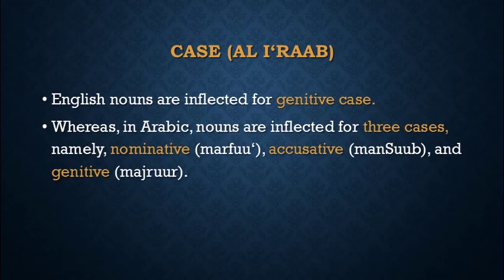Whereas English nouns are inflected for only the genitive case, which in English is the possessive case or apostrophe s, and this is the only kind of inflection or case marking in English. So here you can observe the difference between English and Arabic with respect to case marking or الحالة الإعرابية or الإعراب.